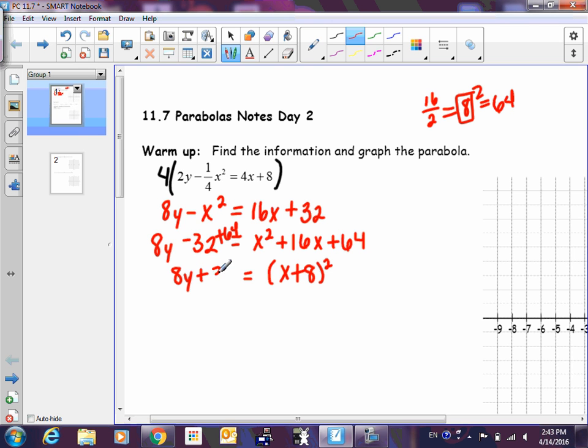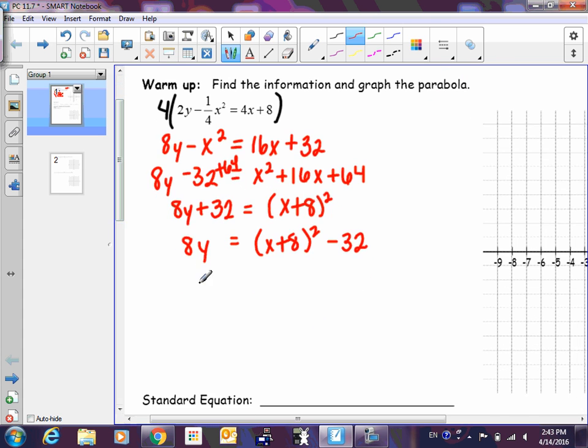Okay, does anybody remember what the next step is going to be? We want to get y by itself, so what should we do? Subtract 32. Subtract 32, so I'm going to put it right at the end here. And remember, we just want y equals, or in another problem, we may just want x equals. But, so if I just want y equals, then what do I need to do?